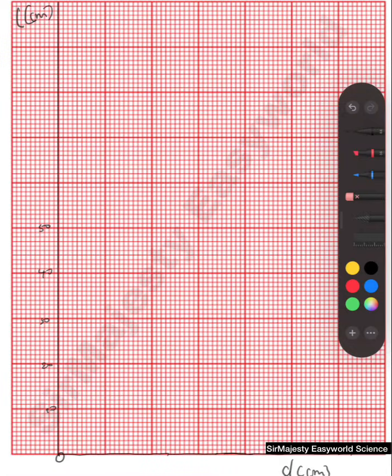So let me remove these numbers. This scale can work. Let us now say 5.